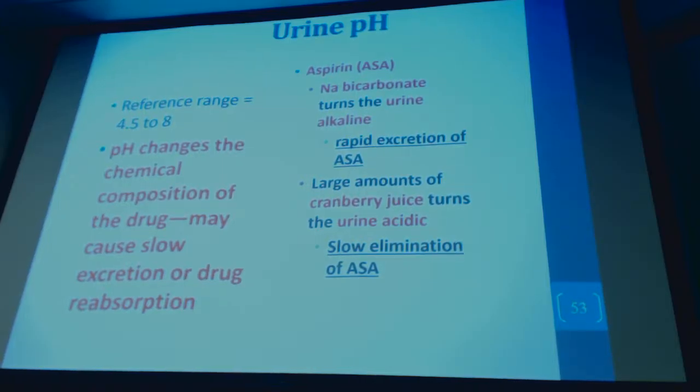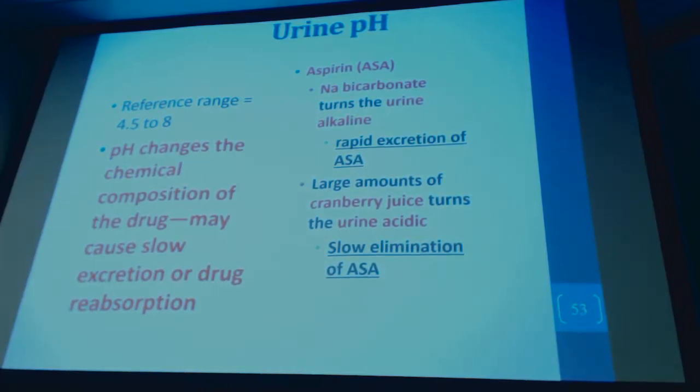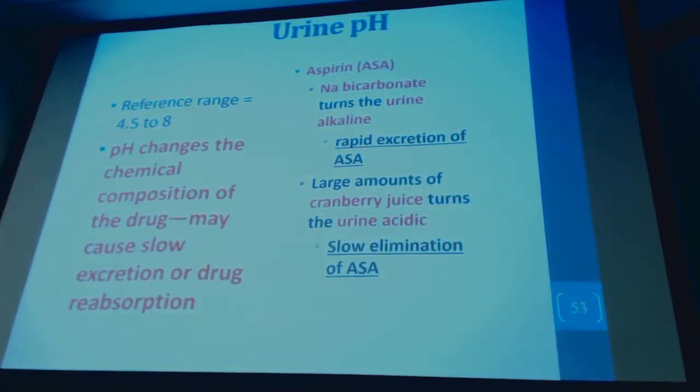The pH of the urine can also factor in to how rapidly a drug is eliminated. And I've given you an example here. If a patient comes in with an aspirin overdose, you're going to give them soda bicarb. It turns the urine alkaline and the kidneys flush out aspirin very rapidly.